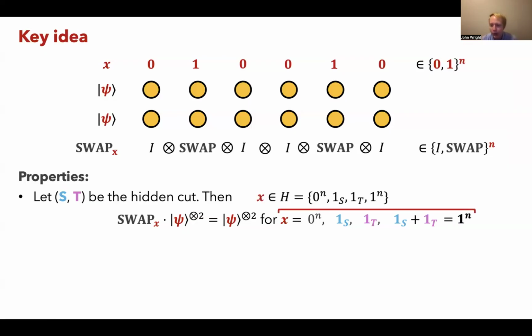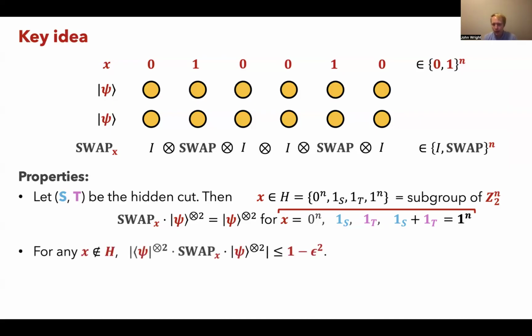And this is equivalent to just saying that swap leaves psi tensor 2 unchanged whenever x is inside the set H, where H is 0 to the n, 1 sub S, 1 sub T, and 1 to the n. And this H actually turns out to be a subgroup of Z2 to the n. Okay, so the binary strings of length n, with the group action being addition, this is a subgroup of that.